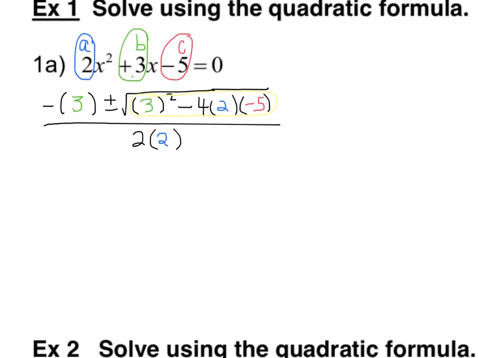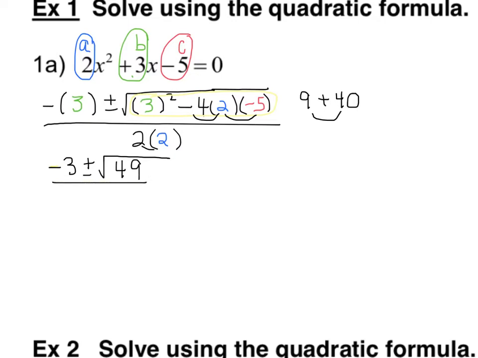So this negative 3 out front, I'm going to put negative 3, plus or minus the square root of, all right, 3 squared is 9, and negative 4 times 2 is negative 8, and negative 8 times negative 5 is positive 40. So underneath the square root sign, I have 9 plus 40, which is 49. All of that is on top of 2 times 2, which is 4.